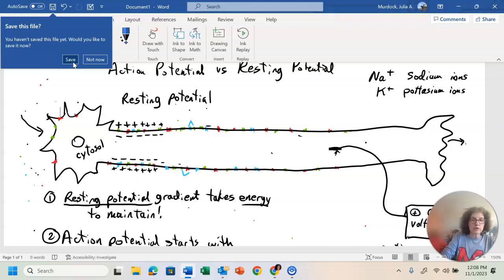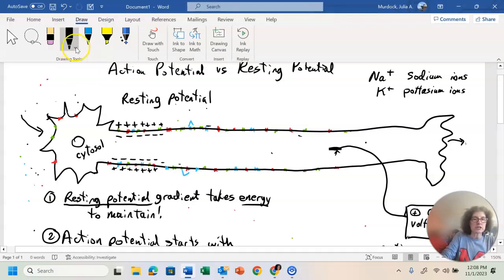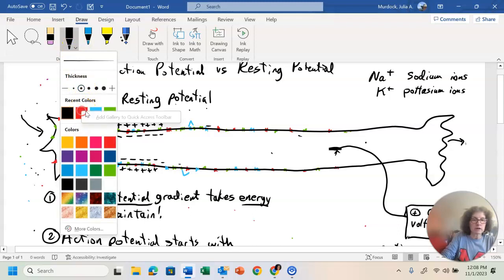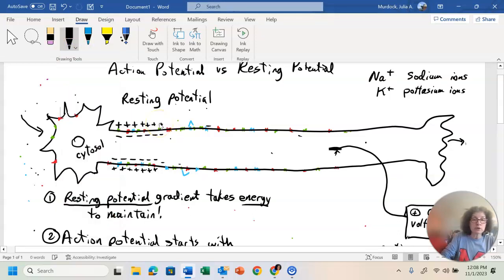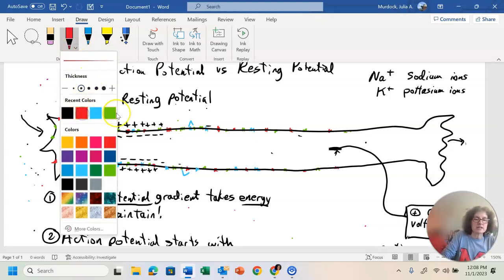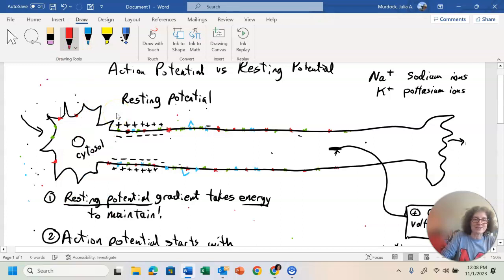So the way that it maintains this is it uses a particular type of membrane protein. Remember, this is a membrane, a phospholipid bilayer, just like any cell membrane. And embedded in that membrane are proteins. Some of them are these red ones here, okay?